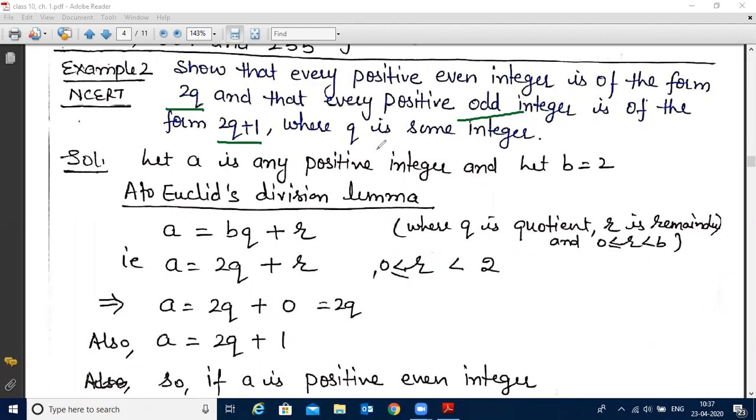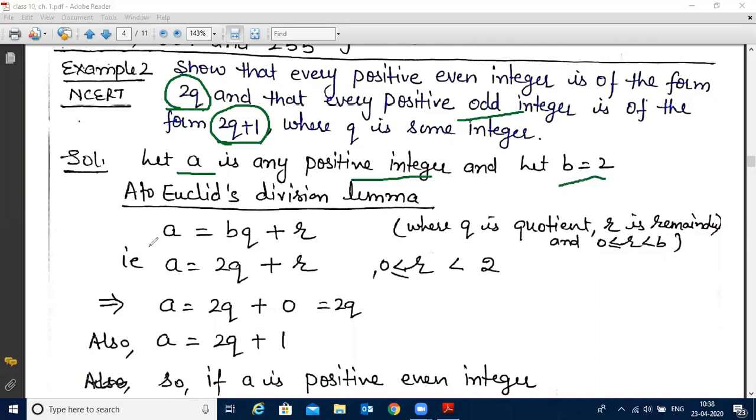So what you have to prove is that for any positive integer, if it is even, it is of the form 2q, and if it is odd, then it is of the form 2q plus 1. Clear? So for this, let us take a as any positive integer and b as 2.